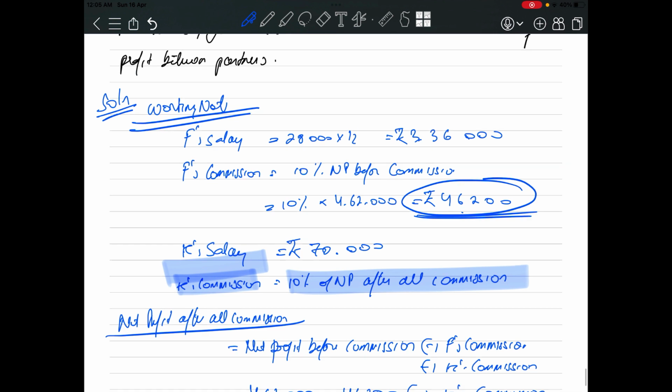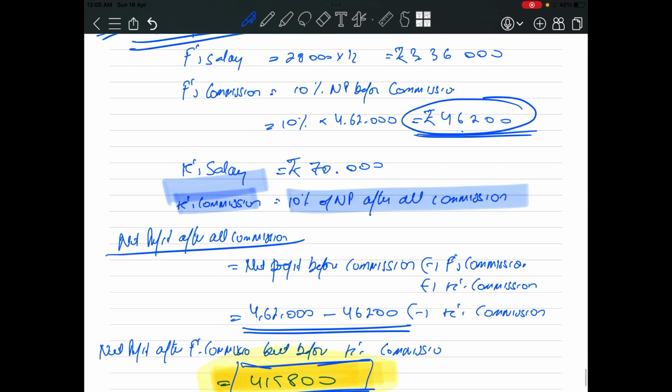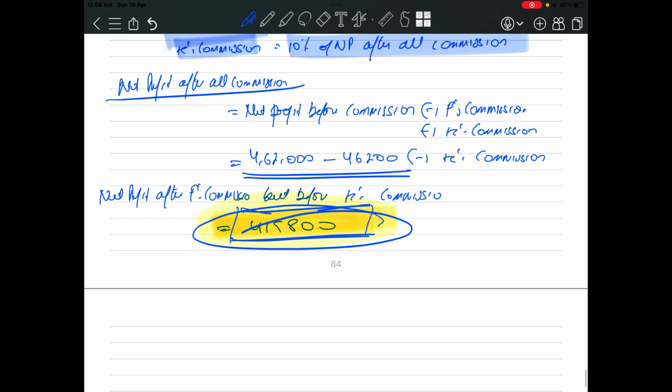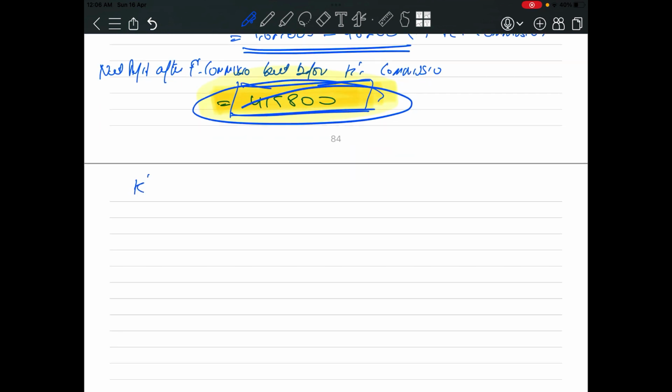The question has given us the net profit before commission. From this net profit we deducted F's commission because we knew the figure. Now this net profit is after deducting F's commission but before deducting K's commission, so it will be inclusive of K's commission. What is the commission entitled to K?